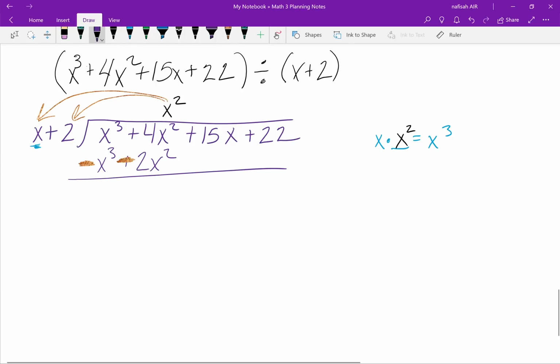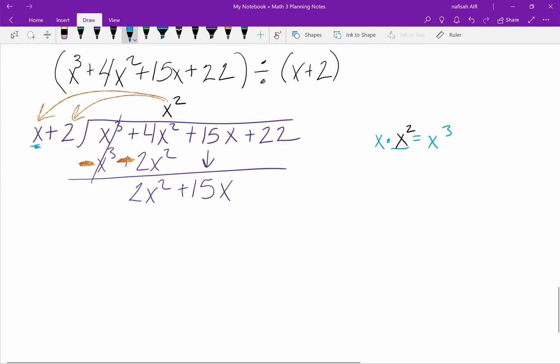So then when I do the subtraction, x cubed minus x cubed is 0. I always have to make sure it gets to be 0 at the beginning. And then 4x squared minus 2x squared is 2x squared. I bring down my next term, and I start all over again.